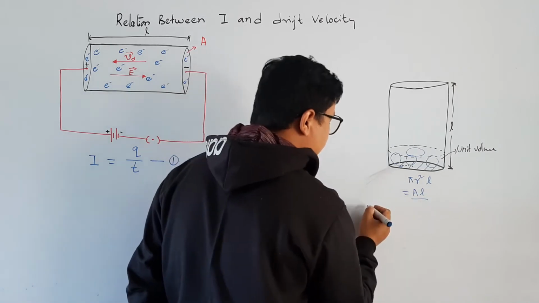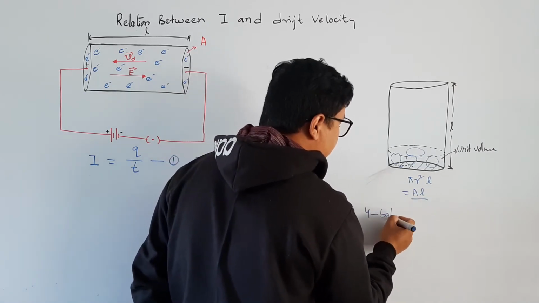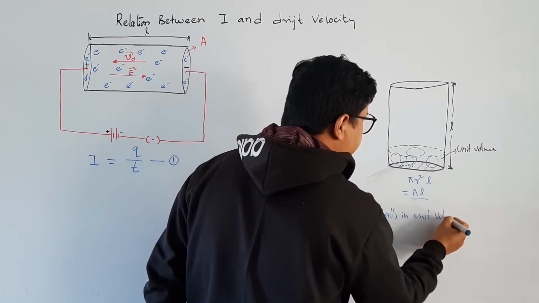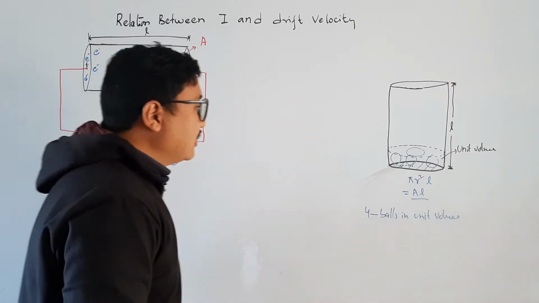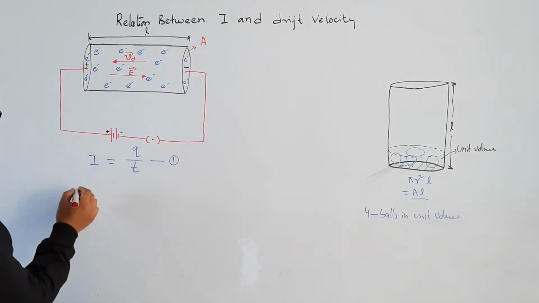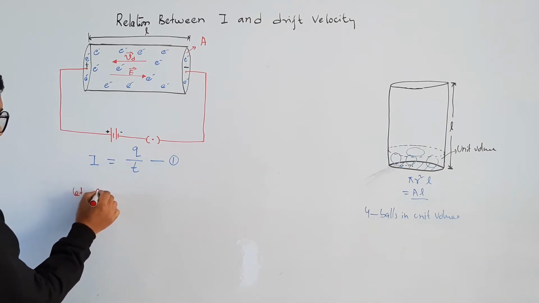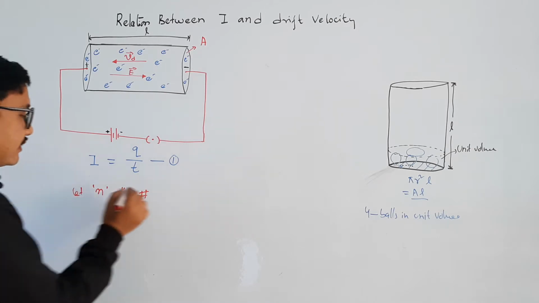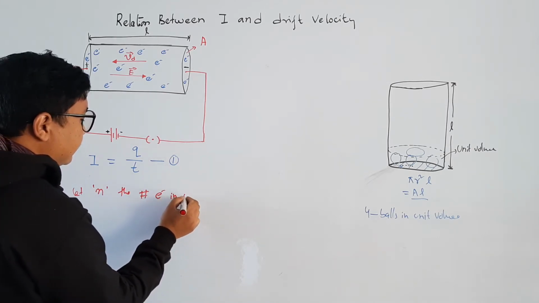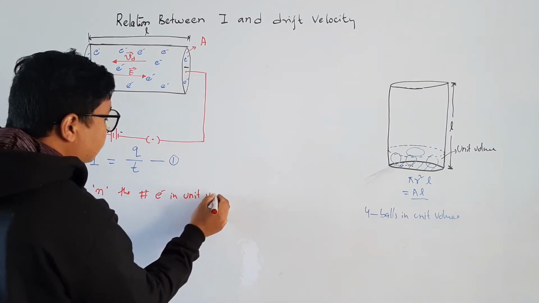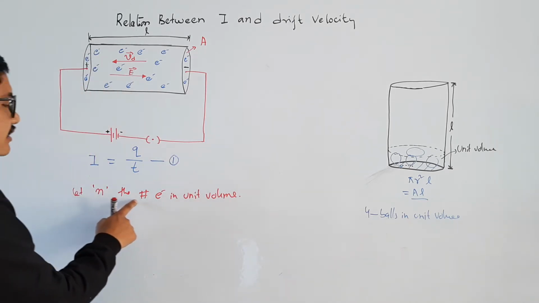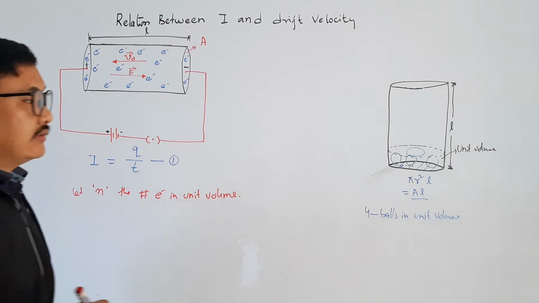I will write this here: 4 balls in unit volume. Similarly, let N be the number of electrons in unit volume.